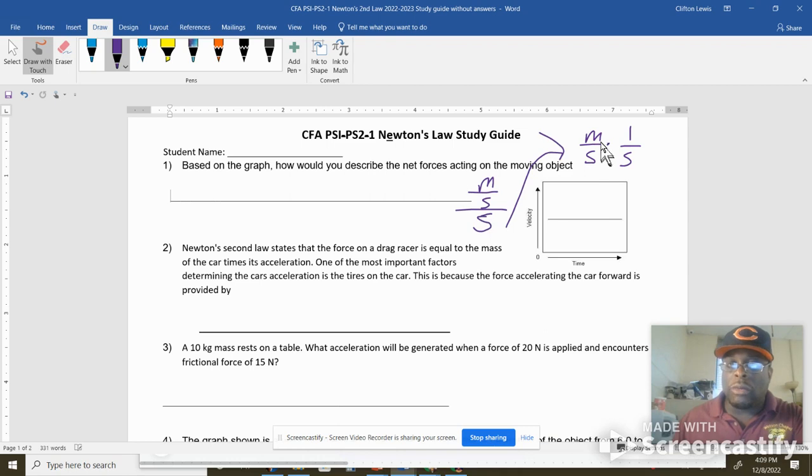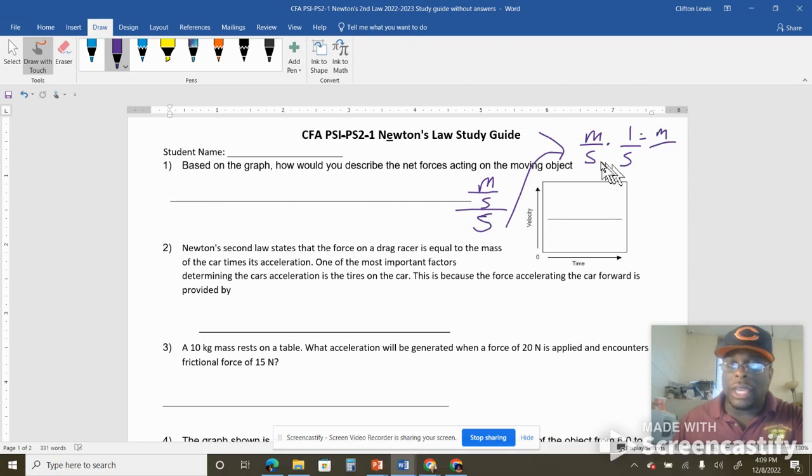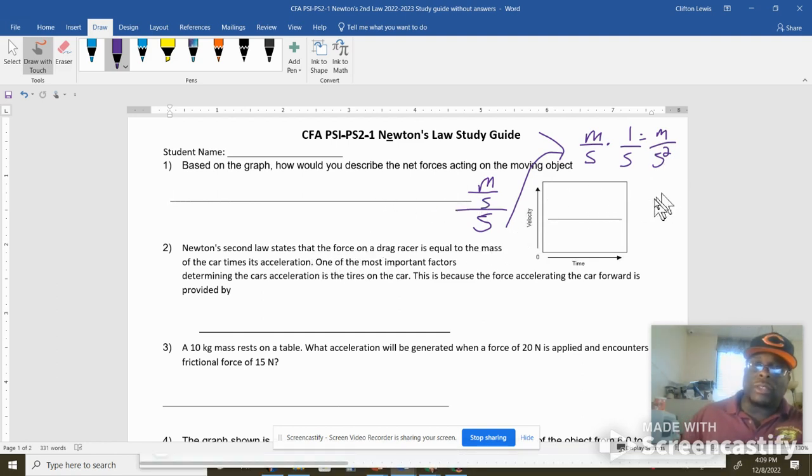So m times 1 equals m, and s times s equals not 2s, but s squared. So meters per second squared, we call that acceleration, with the a. That's one of the formulas for a. I'm going to erase all that.